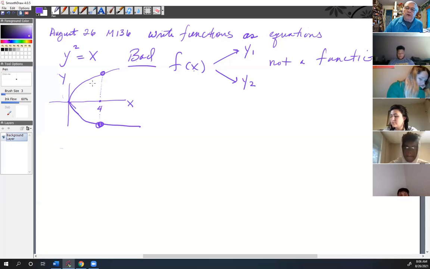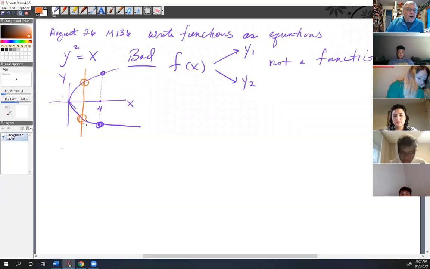Oh, no, this is one other thing I wanted to say. If you have a graph, is the graph a function? A way we use when we're dealing with graphs to tell if we've got a function or not is to use the vertical line test. If I can draw a vertical line that cuts the graph more than once, this vertical line in the orange cuts the graph there, and it cuts it there, then the graph is not a function.